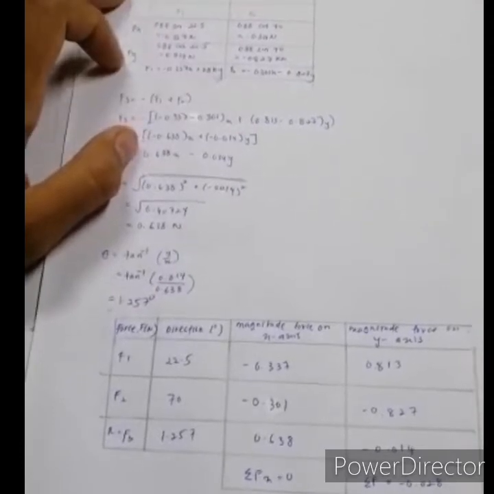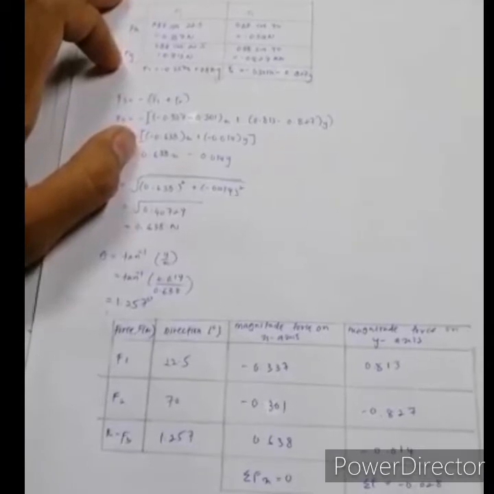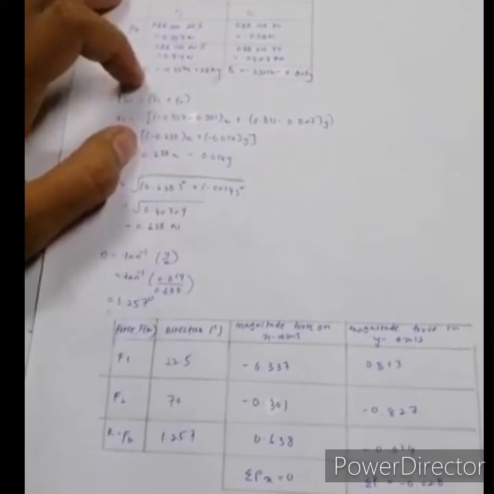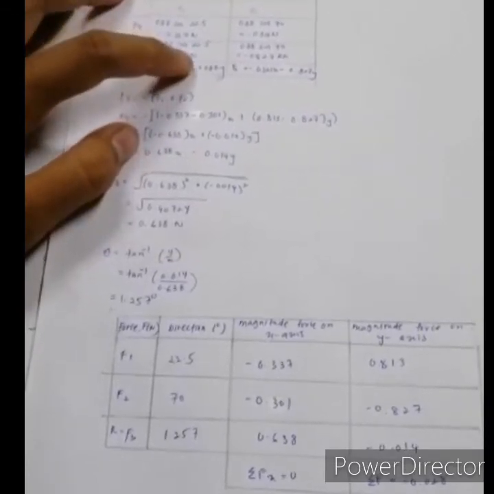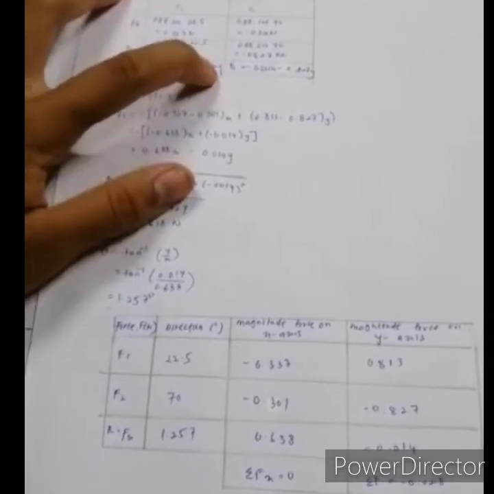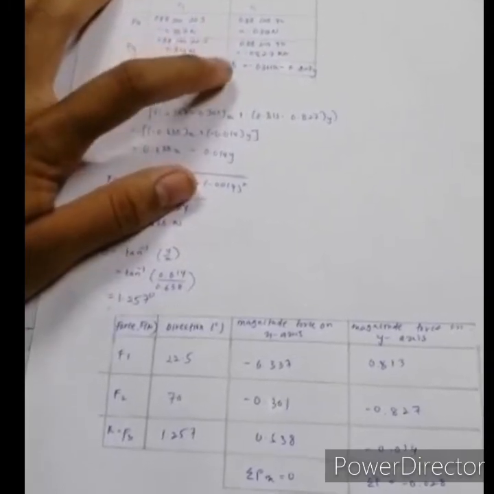F2 Fy is 0.88 sin 17, which is negative 0.827 newtons. And F1 is negative 0.337 x plus 0.813 y. F2 is negative 0.301 x minus 0.827 y.